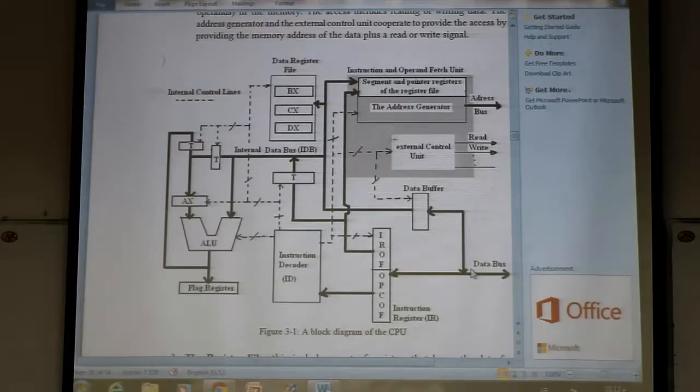The address bus is 20 bits, and you will understand in a minute how we make it 20 bits. All the registers inside the register files, the segments and the pointer registers, are 16 bits.